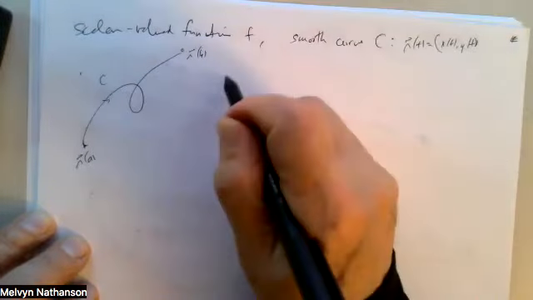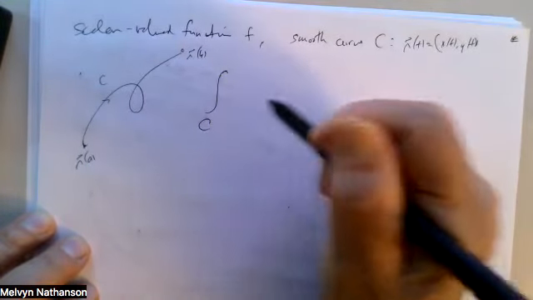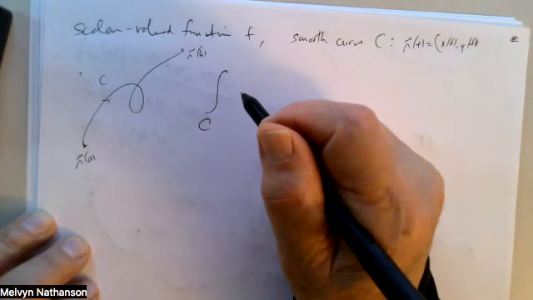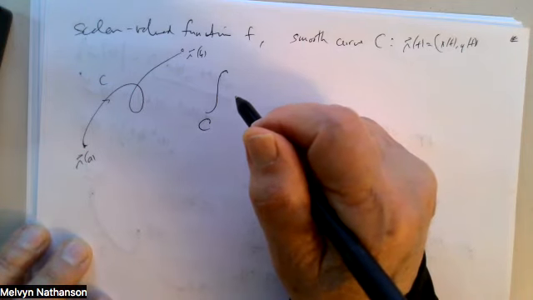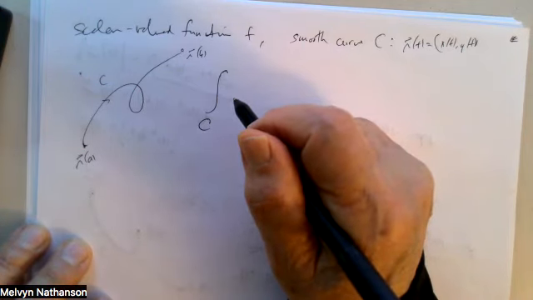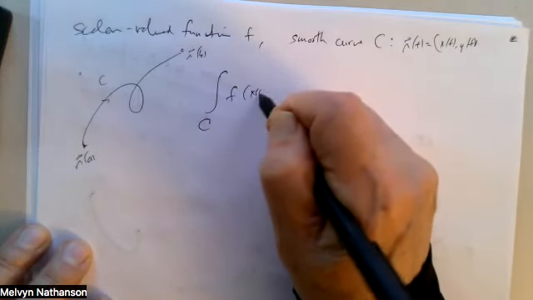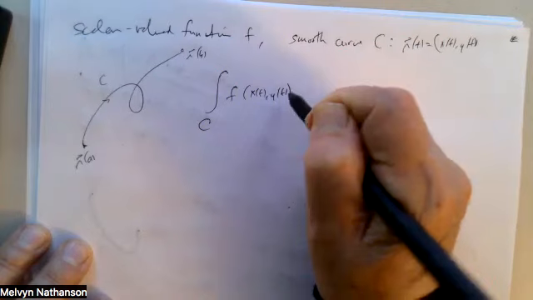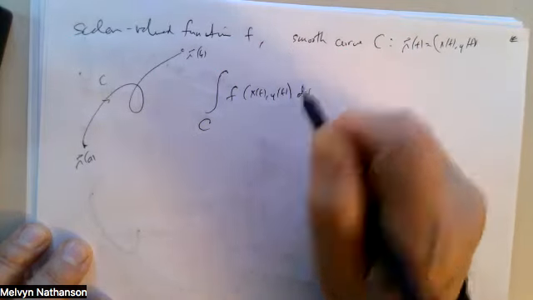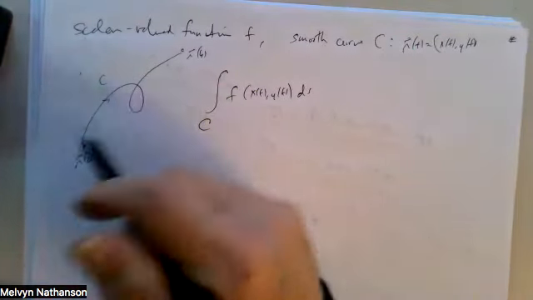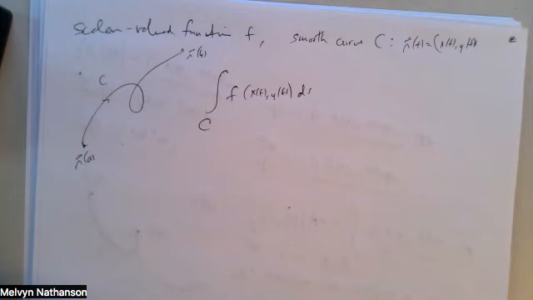And the line integral, we wanted to find the line integral over the curve C of the function f of x of t, y of t, ds. It's the integral of the function over the curve.